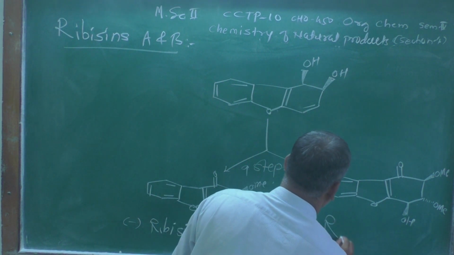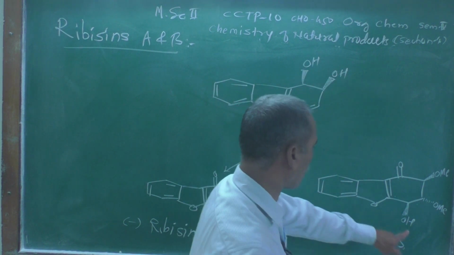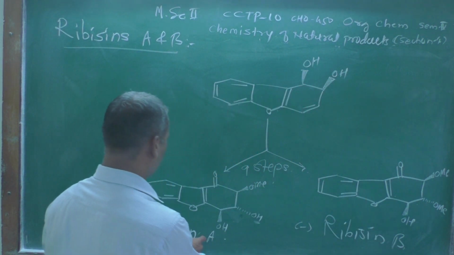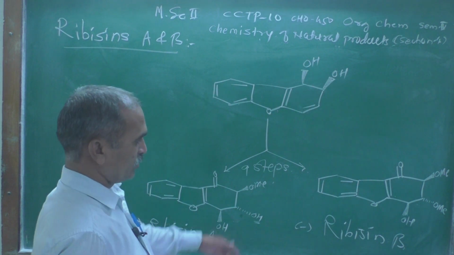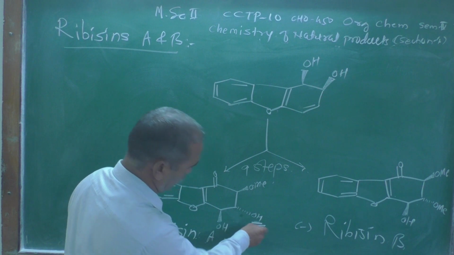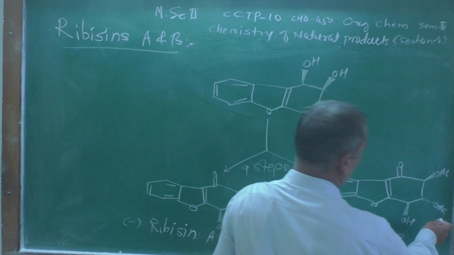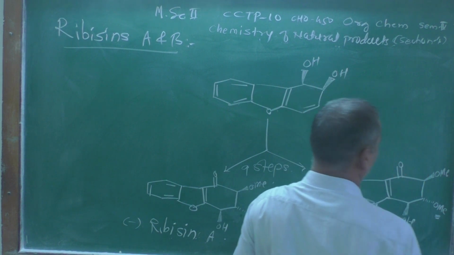This is the structure of ribosine B. This is the structure of ribosine A. Look at the difference: only here, underlined, OH, instead of that, H gets replaced by the methyl group.